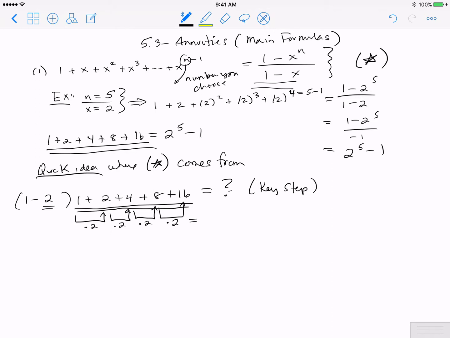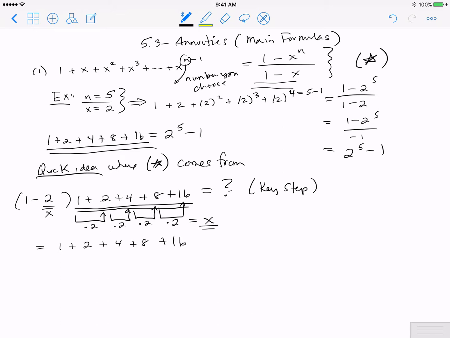So 2 here is the x value. This is the number that describes, in a sense, the difference between these terms. So if you multiply by 1 minus 2, this x number here, and multiply this through, 1 times all these terms would give you 1 plus 2 plus 4 plus 8 plus 16.